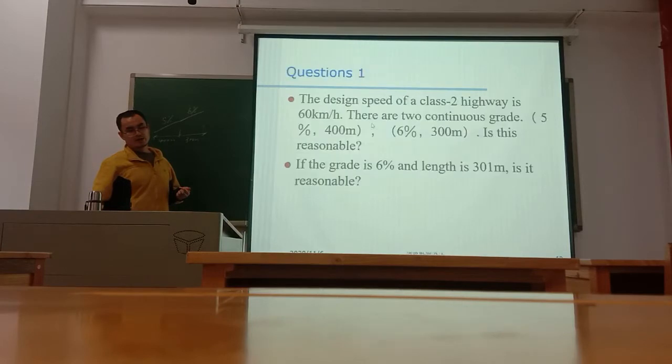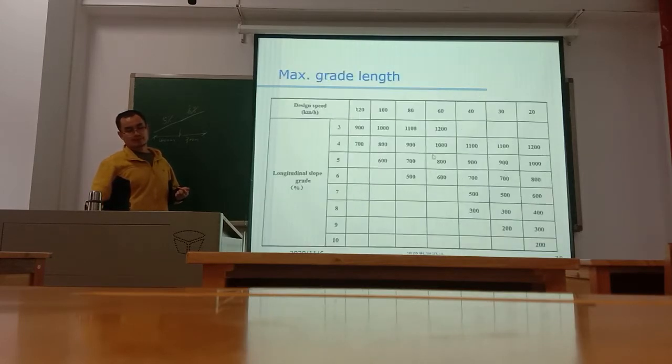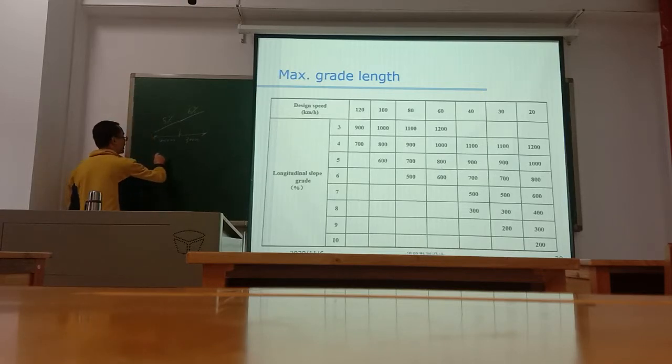The design speed is 60 kilometers per hour. At 5%, the maximum length is 800. So we use 400 divided by 800.